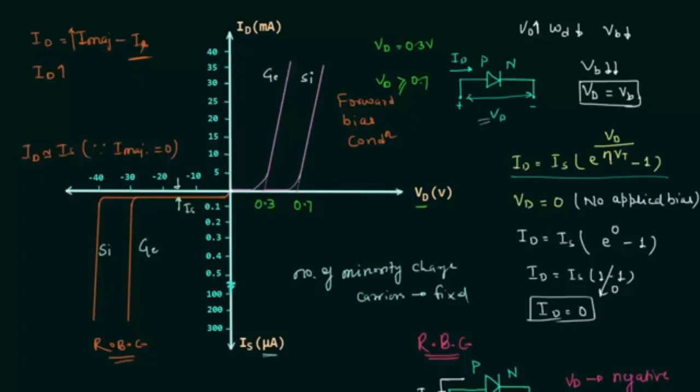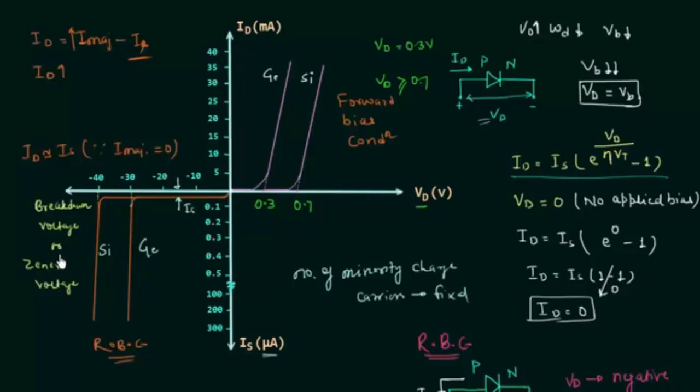Let me write this down. The voltage here and this voltage here is called breakdown voltage, or Zener voltage. It is called breakdown voltage because at this voltage breakdown of the diode occurs.